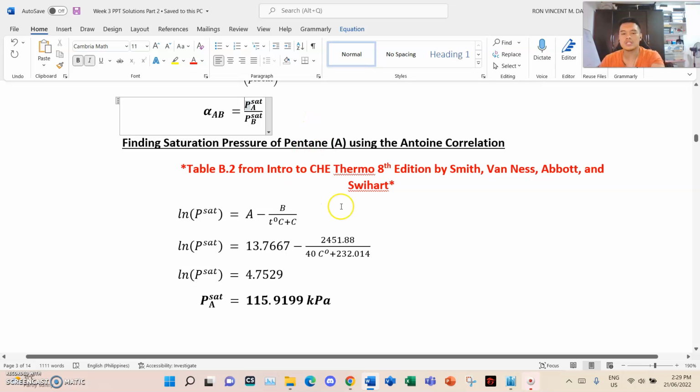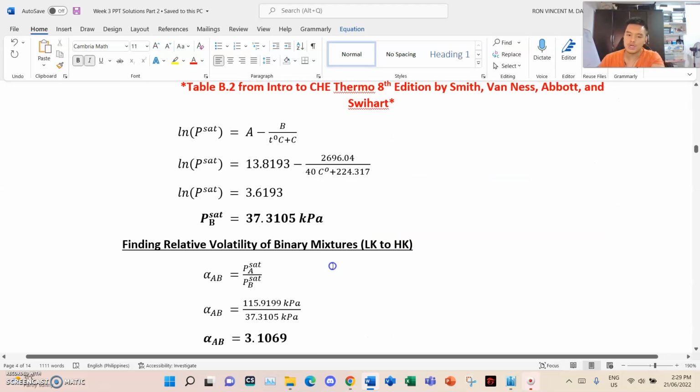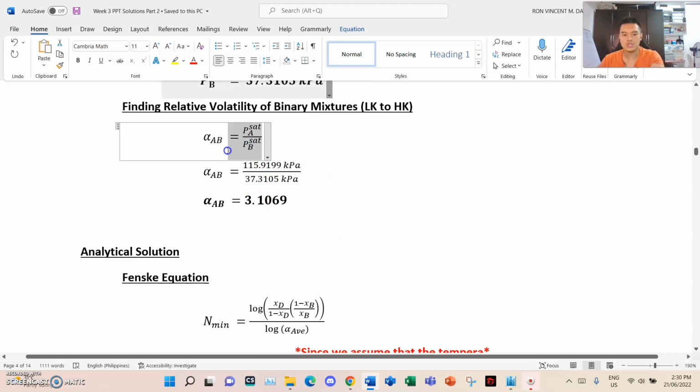Using that, I found that the saturation pressure of pentane is 115 kilopascals, and the saturation pressure of hexane is 37.31 kilopascals. Then, finding the relative volatility using these values in the derived equation, I found that the relative volatility of binary mixtures is 3.1069. We'll set it aside for later as we now go to the analytical equation.